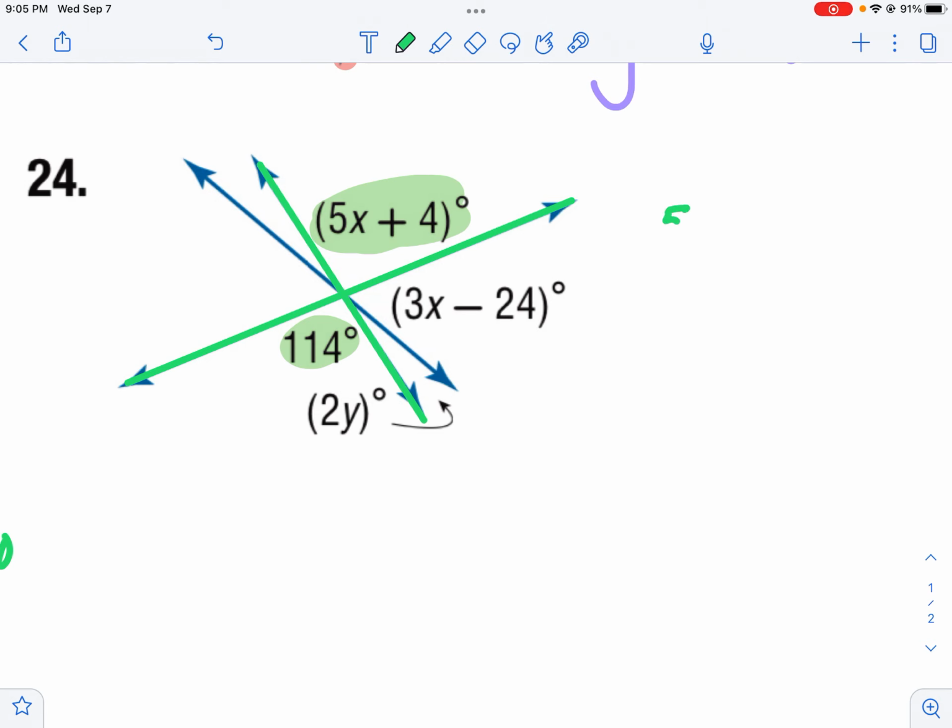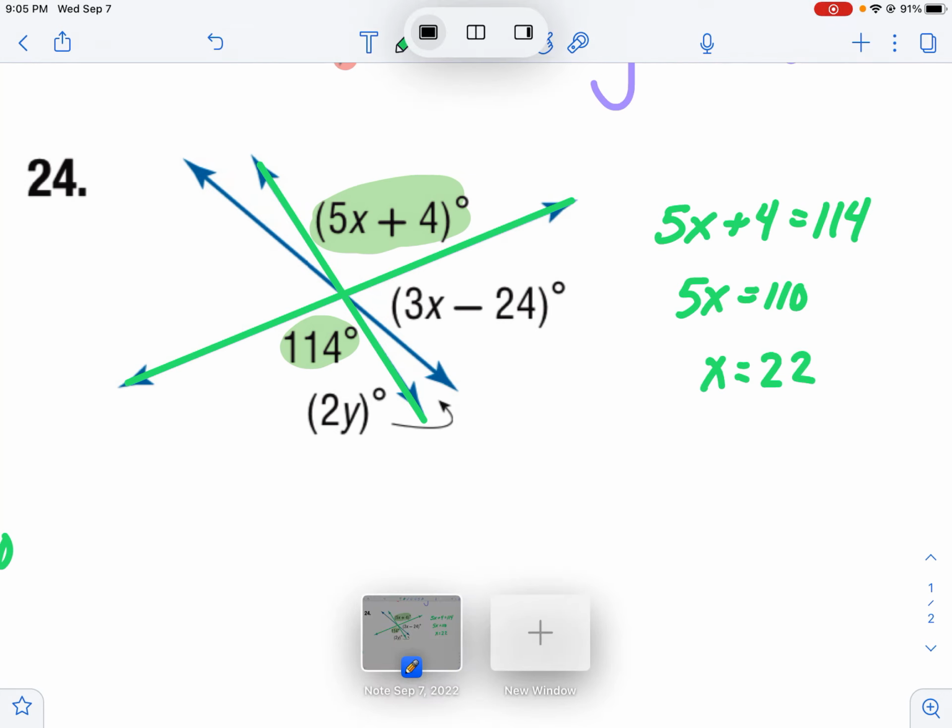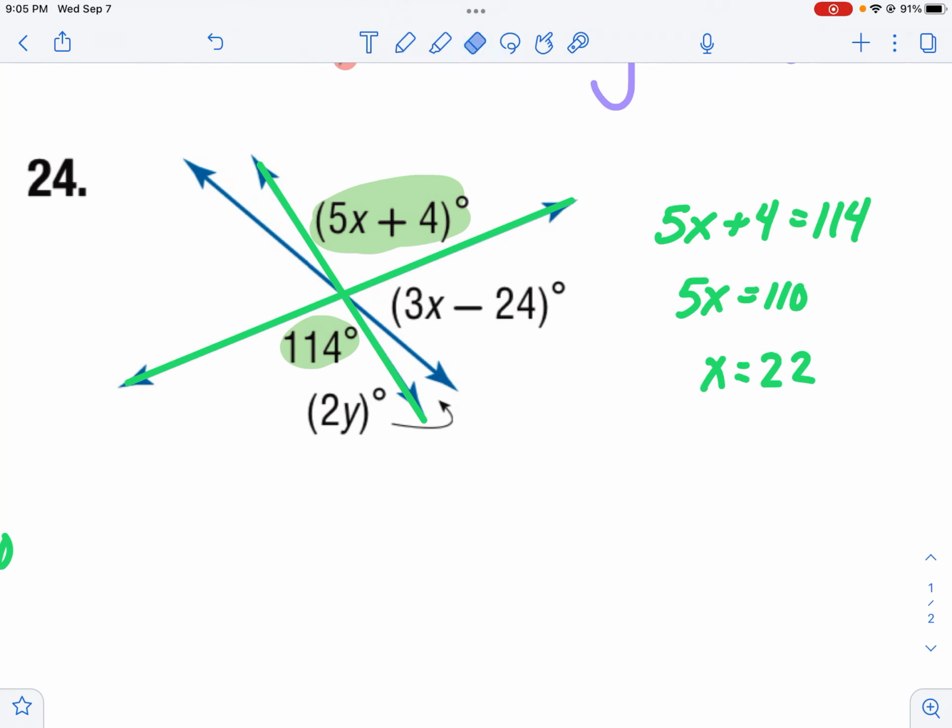Okay, so I can probably solve 5x plus 4 equals 114, or 5x equals 110, or x equals 22. That's one way that I could solve this. And then, of course, I would just substitute that back in and see if I could solve for y. So 66 minus 24 is 42 degrees.